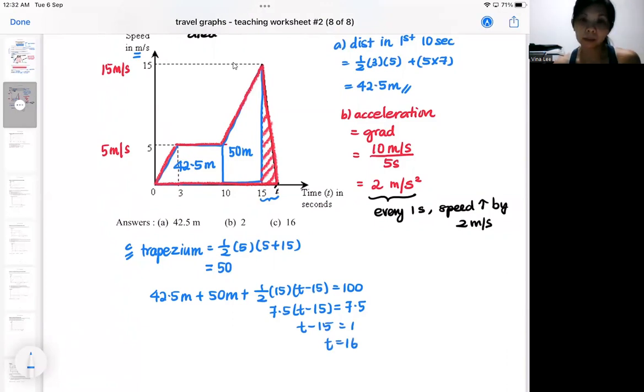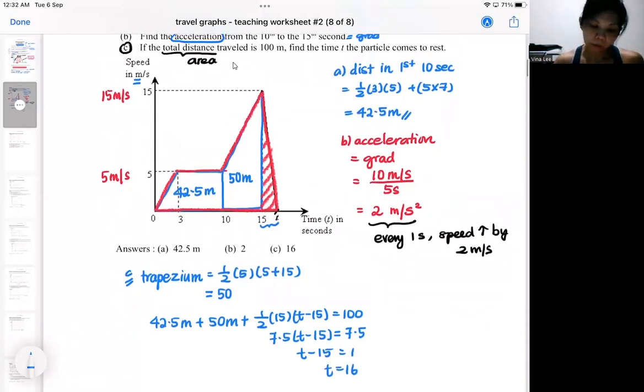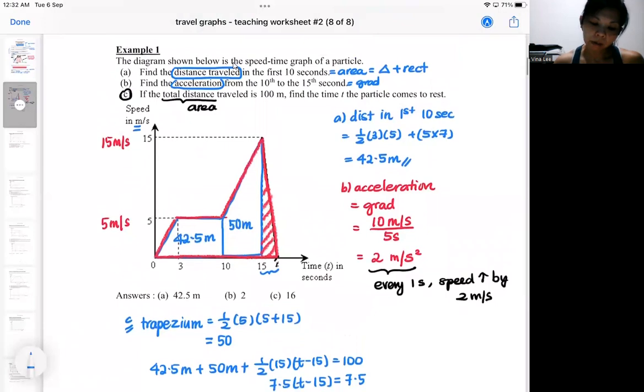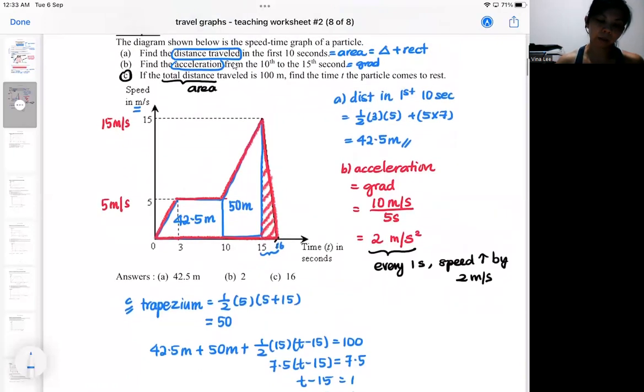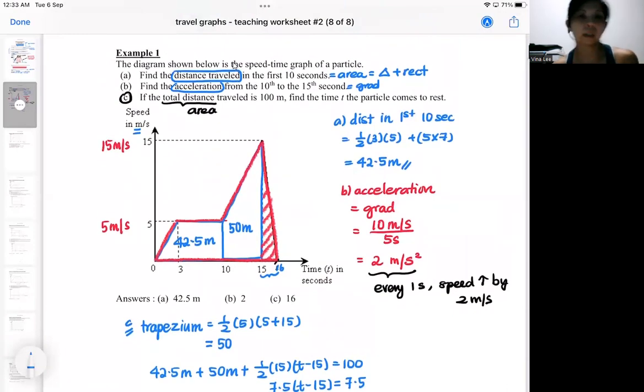So t is 16. So the time that the particle comes to rest will be 16 seconds. The whole journey takes 16 seconds. So that illustrates the main features, the distance and the acceleration features of a speed time graph. This is a key thing first before there are more complex questions.